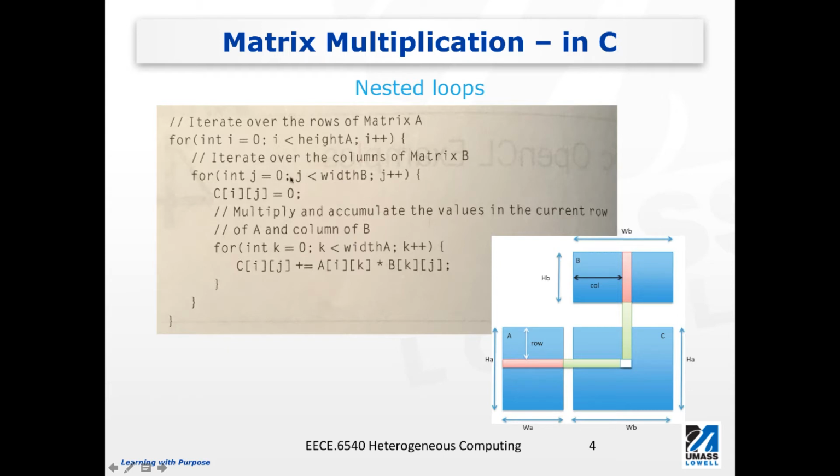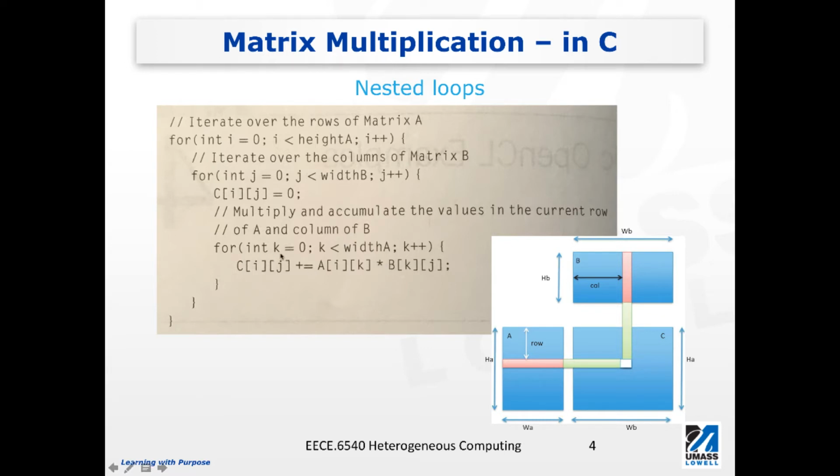The second loop, with variable J, goes from 0 to the width of B. Essentially, we're going over every column in matrix C. At this point, we're going to calculate the single element of C with coordinates I and J. To do that, we're doing the dot product of these 2 vectors.